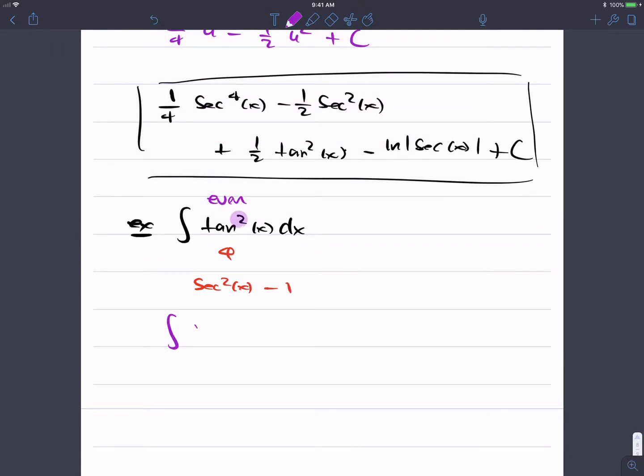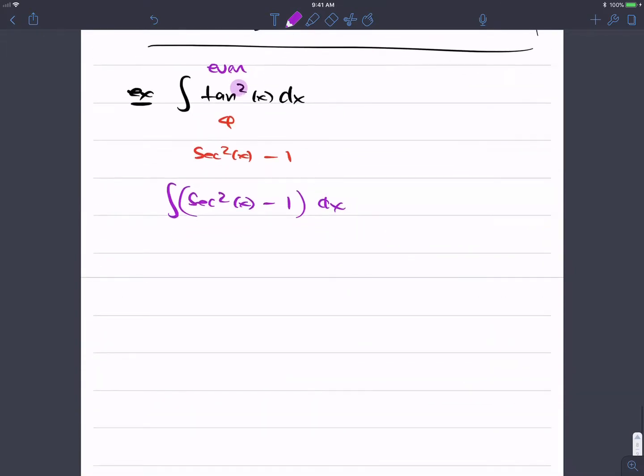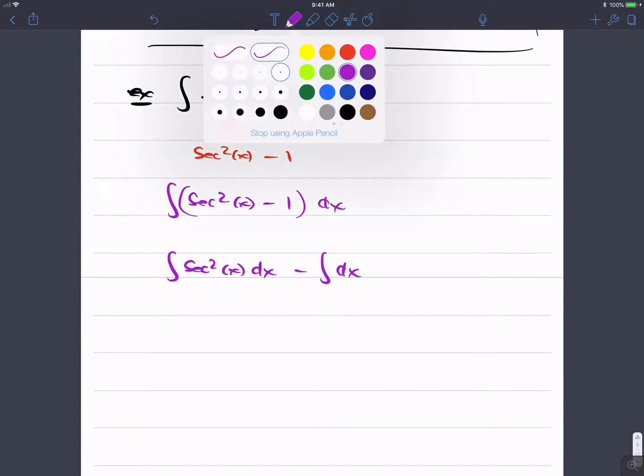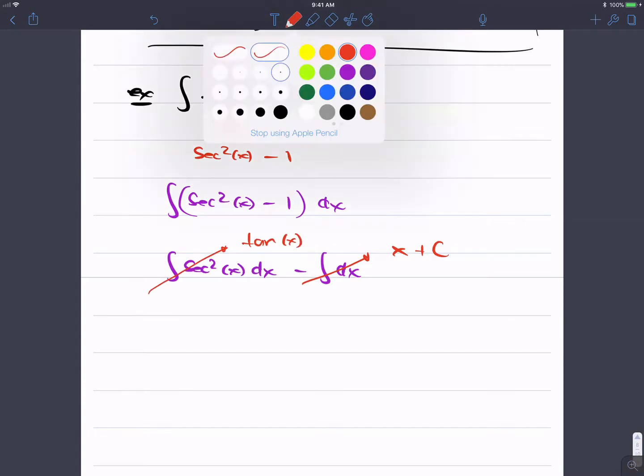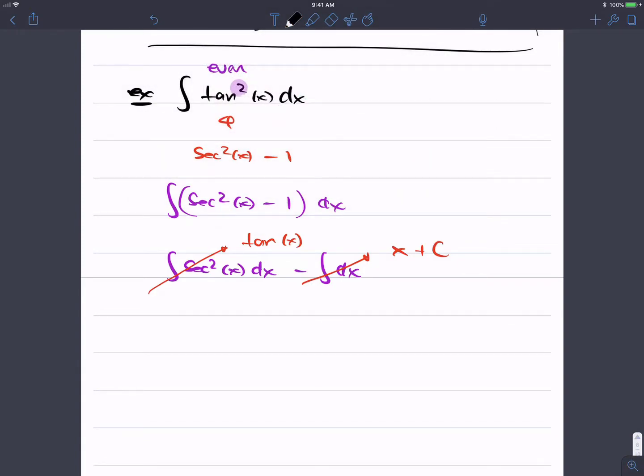So this becomes the integral of secant squared x minus 1 dx. The integral of a difference is the difference of integrals. So the secant squared portion becomes tangent, and the integral of 1 is x plus c. So the final answer is tangent minus x plus c.